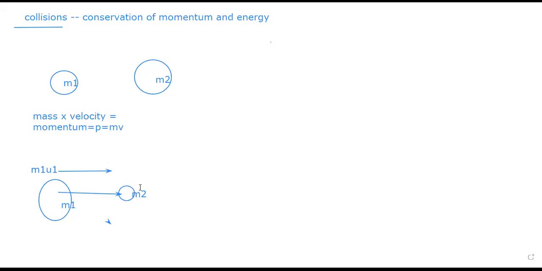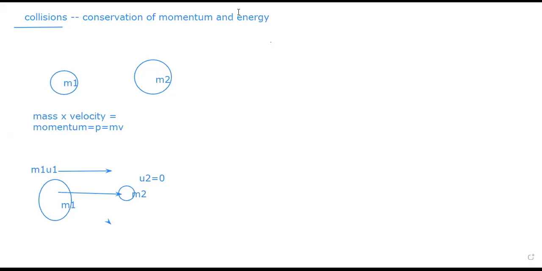And this coin is at rest, so its initial velocity, I'll denote with U2, is equal to 0 because it is at rest. Now when the striker hits the coin, you can observe that this coin moves. Initially it has no velocity, it is at rest.